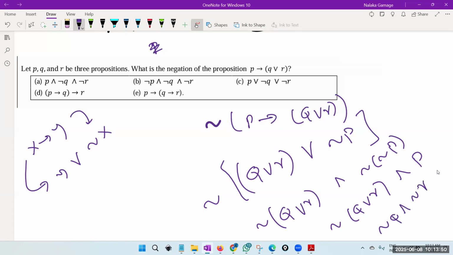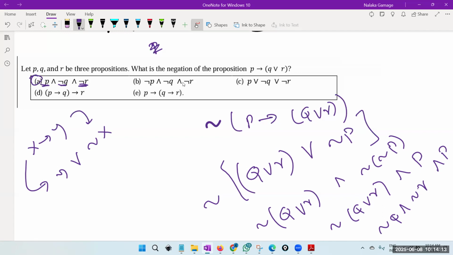So then, and P. You don't care which one is first: not Q, not R, and P. When we have all ANDs, we can swap them, because A and B is the same as B and A. So this is an answer for me.